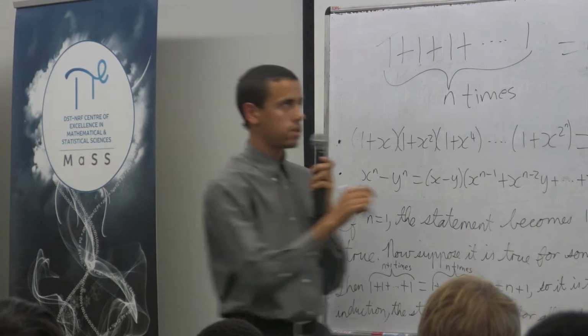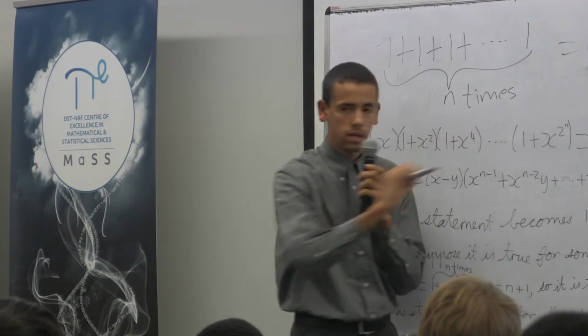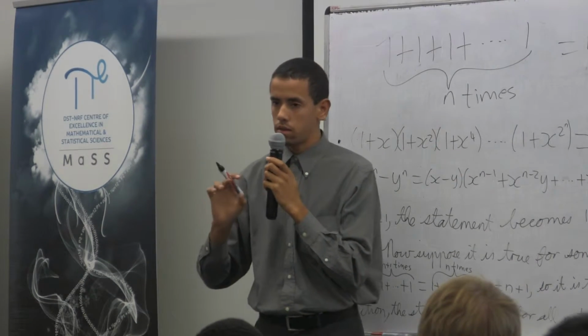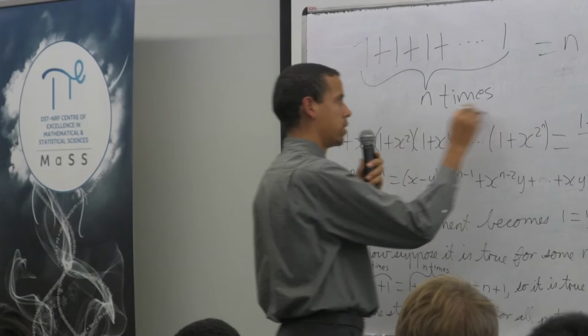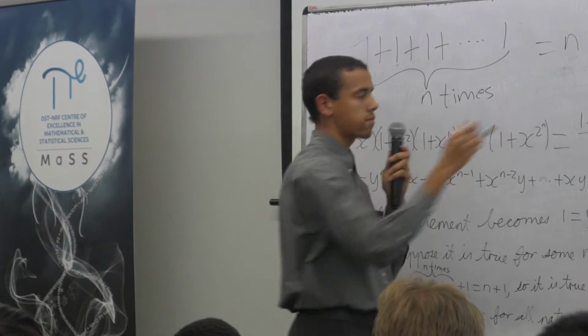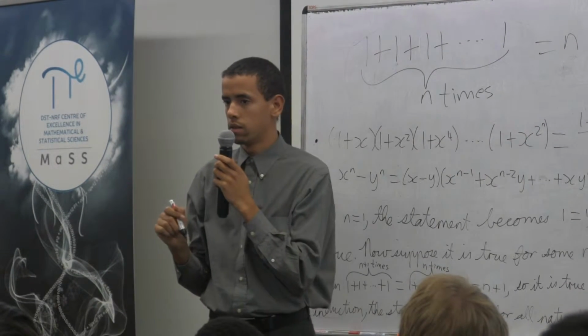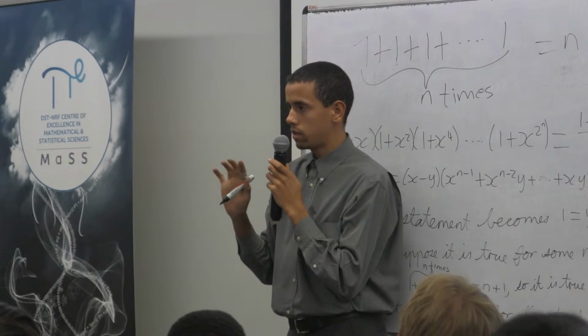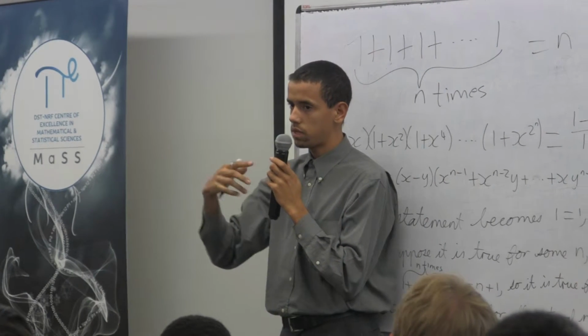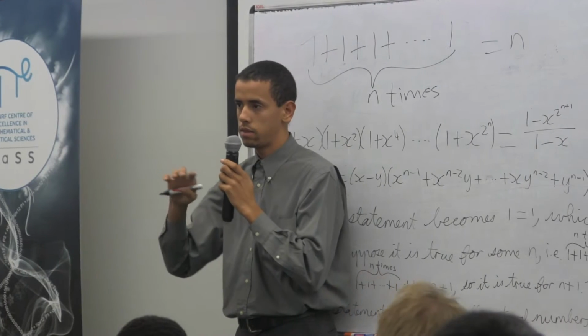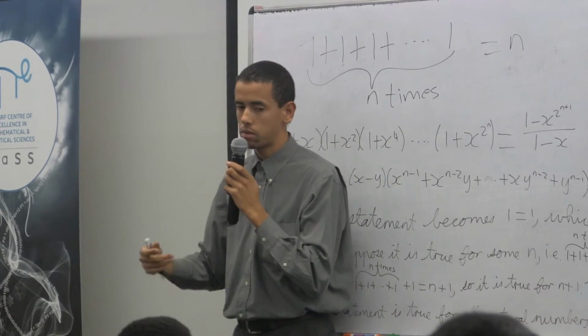And P of n is not this on the right-hand side. P of n is this whole statement. So that's important to understand. P of n is not an expression or a formula, it's a statement, something that we're trying to prove.